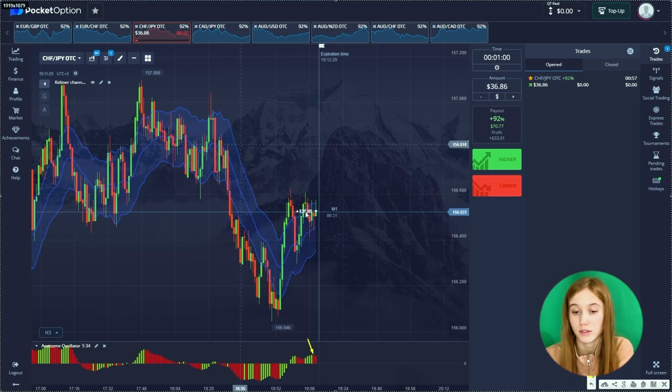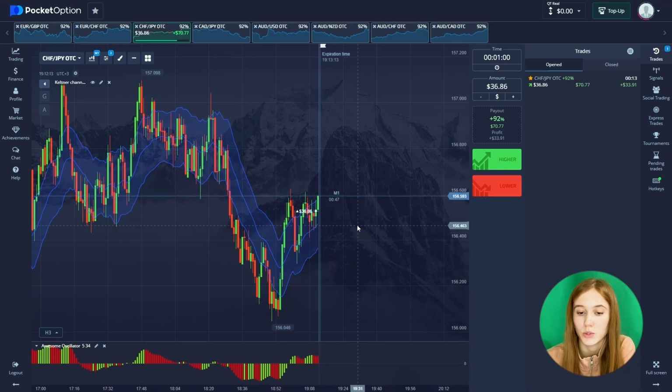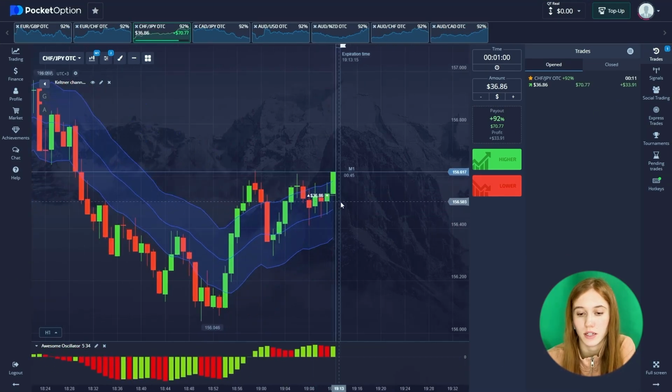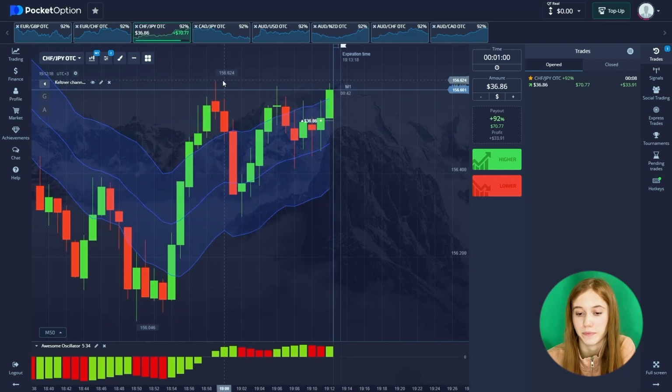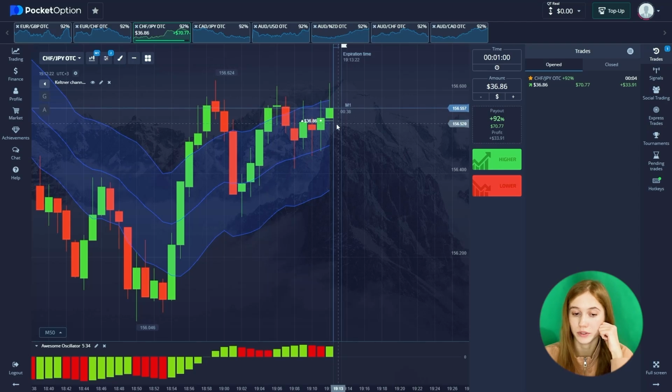Two red bars on the second indicator we see due to the small general drawdown. We also need to pay attention to the chart. 12 seconds left until the end of the deal. We see we are almost reaching the peak of our certain resistance level.